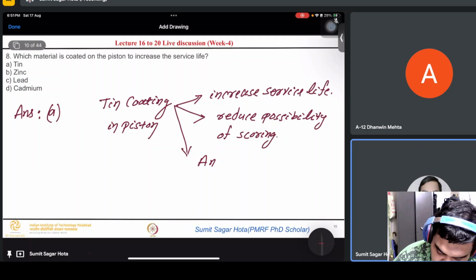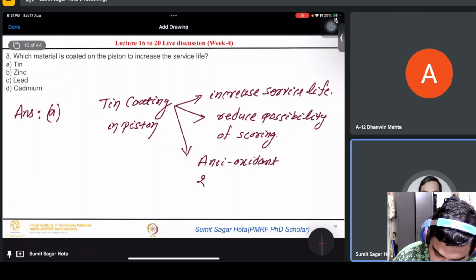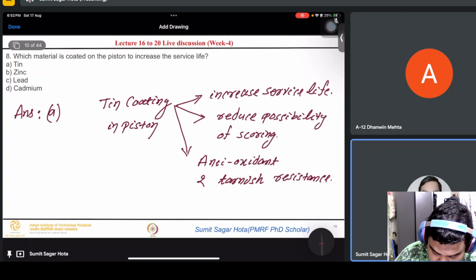So it acts as an antioxidant and provides tarnish resistance.